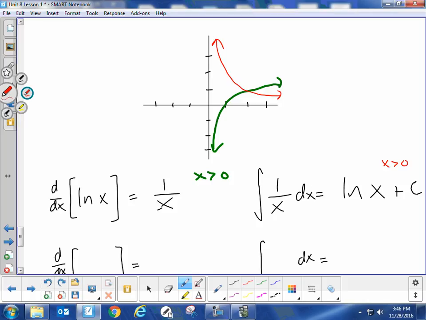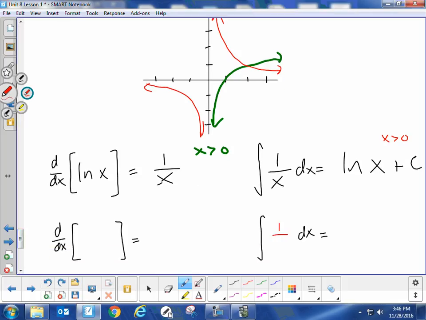Okay? But if I'm talking about the antiderivative of 1 over x, I am talking about the entire function 1 over x, which is defined to the left of 0. So if I ask you this question, for all x's except for 0, I need to be able to adjust my answer here. Because I need some function whose derivative gives me the slopes of the tangents to that.